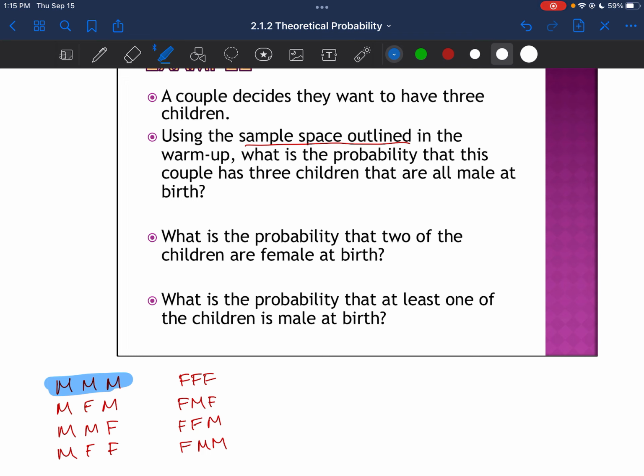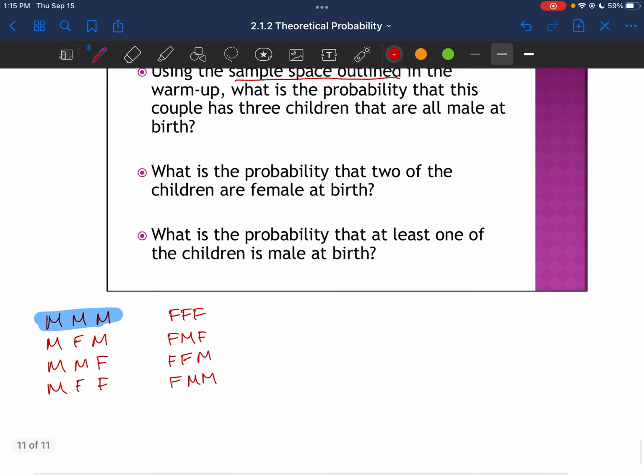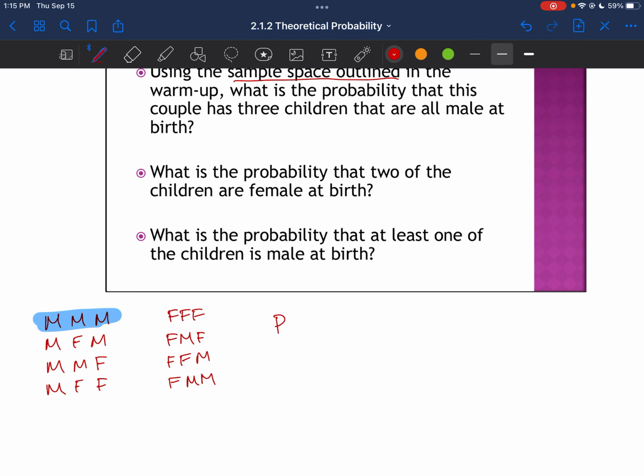out of the total. So to find the probability, we're going to take the definition of the theoretical probability, which is the number of events that we're looking for. In this case, there's 1. So the probability that all 3 children are male is 1 over all the possibilities.